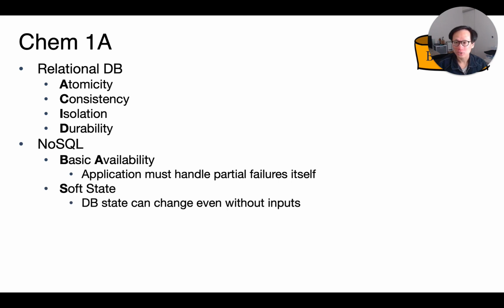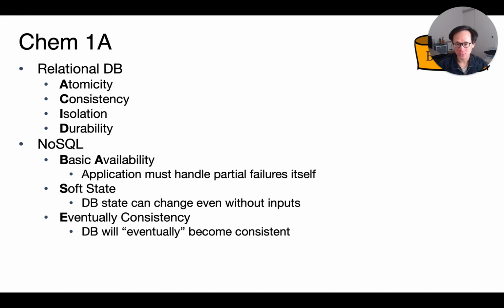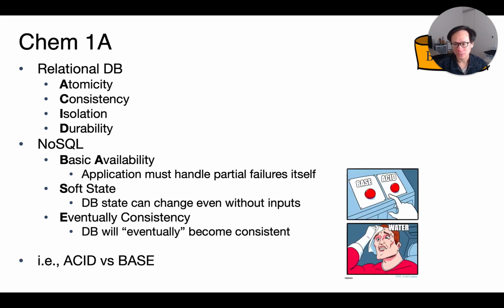We provide soft state, where the DBMS might be processing an update from an earlier write, and hence changes its stored data without any active transaction running. And we provide eventual consistency, which simply means that the database may or may not ever be consistent, hence the term eventual. Think of this as ACID versus BASE, and that hopefully will make it easier for you to remember the differences.